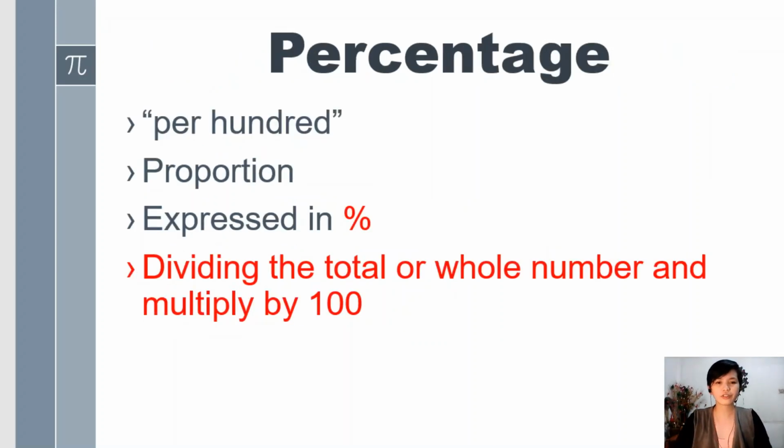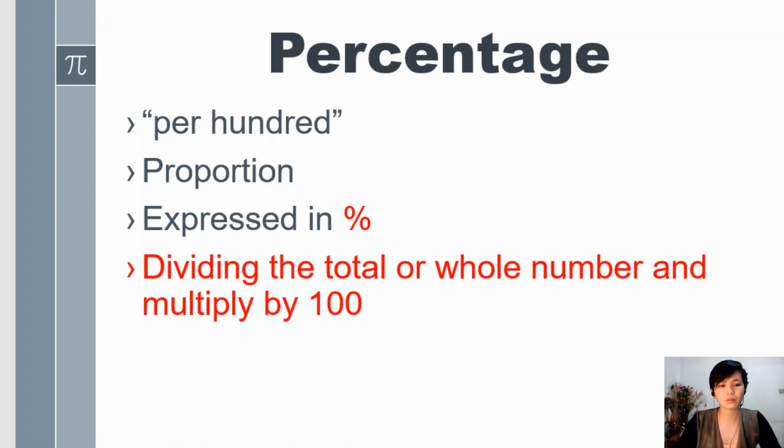Now let's start your journey on statistics, and you wouldn't know that this one is also used in statistics. I think most of you know how to do this because this is only basic math. So we have percentage. Percentage is defined as per 100.